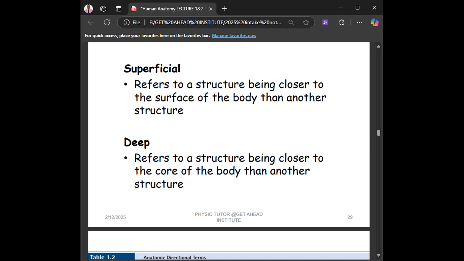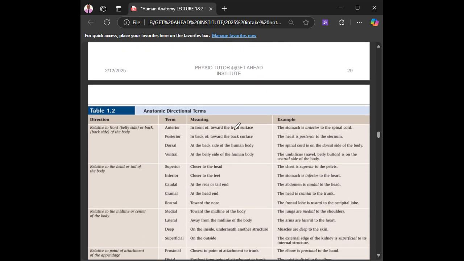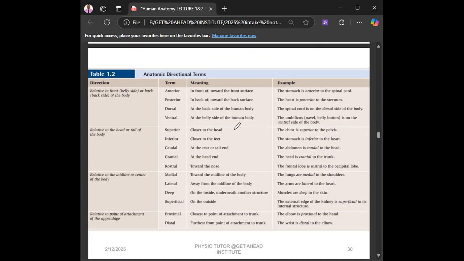Deep talks about a structure being closer to the core of the body than another structure. For example, the heart is deep to the sternum. So these are just the directional terms which we already talked about.